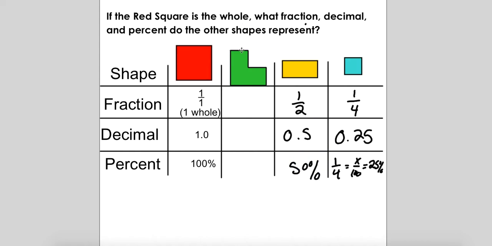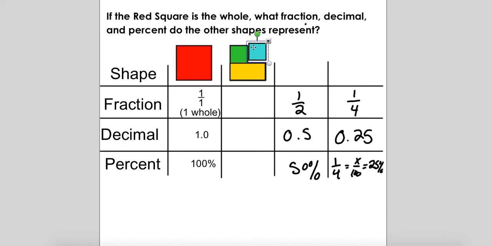Now lastly, we have this weird green shape over here. And you can't really say that many of these green shapes fit exactly into here, but you should be able to notice that a yellow shape, so this yellow shape over here and this blue shape go right over here.